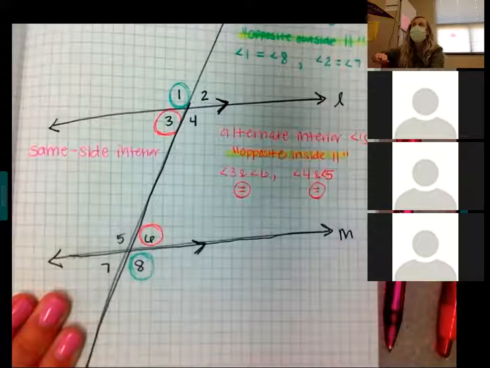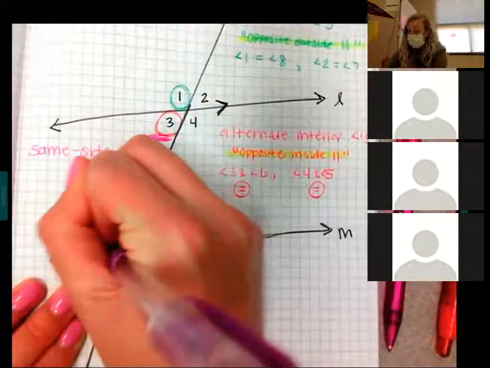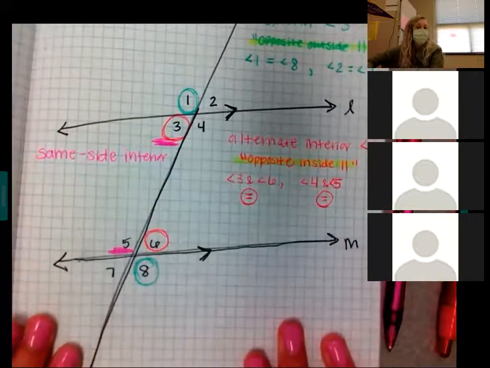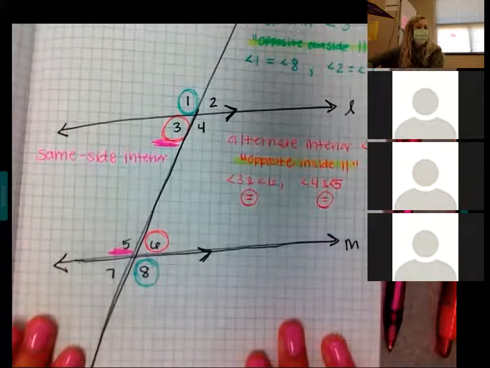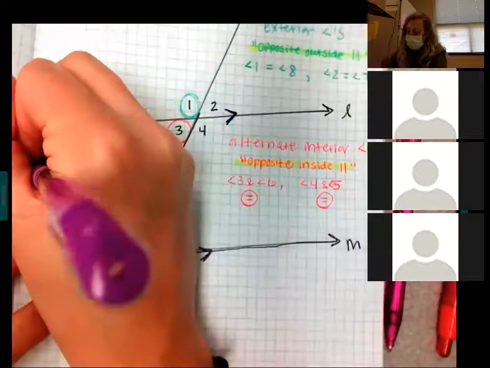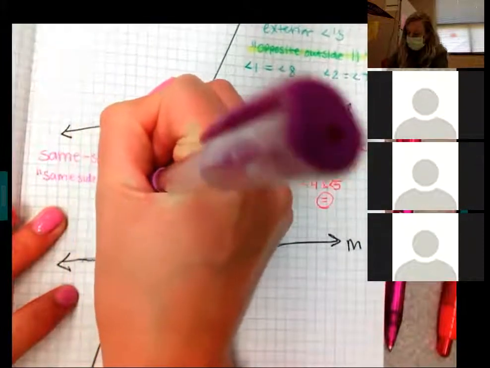So what do you think I mean by same side? Same side of the what? Go ahead, Hales. What you think? Very good. They're on the same side of the transversal. So everybody look. 3 and 5 are what we call same side interior. So I'm going to put same side of transversal, but I'm going to abbreviate.